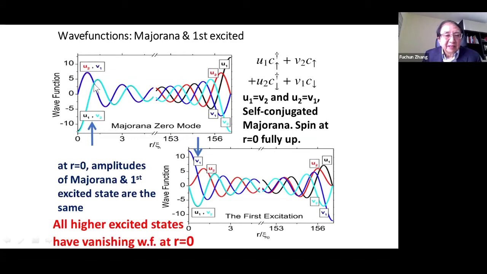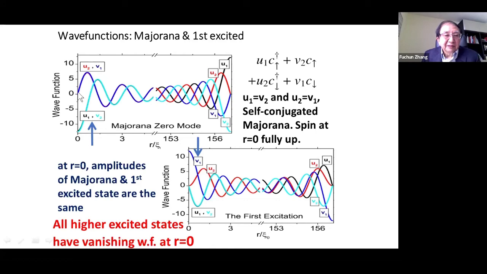The interesting part in this case is R versus Xi. R is the radial distance, and Xi is the coherence length in the superconducting state.